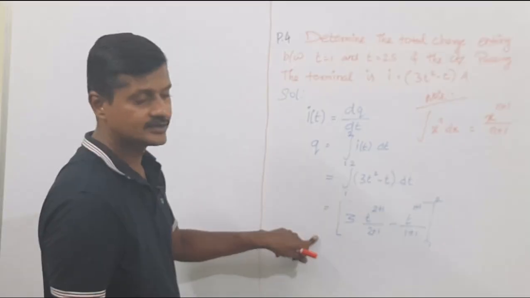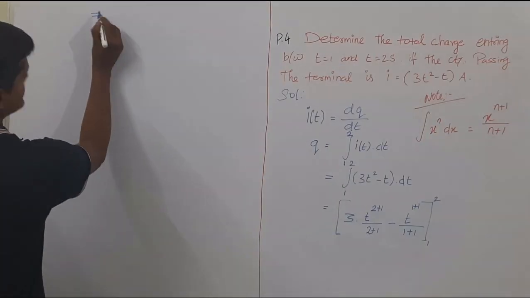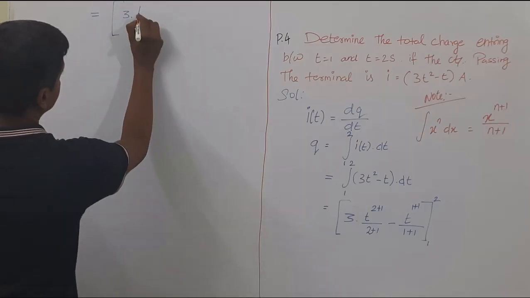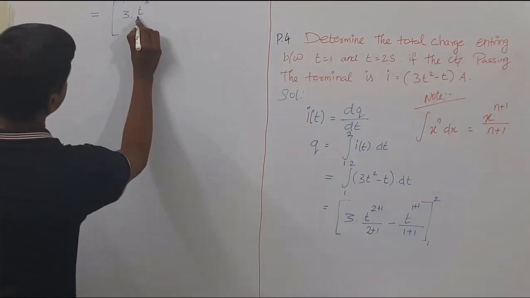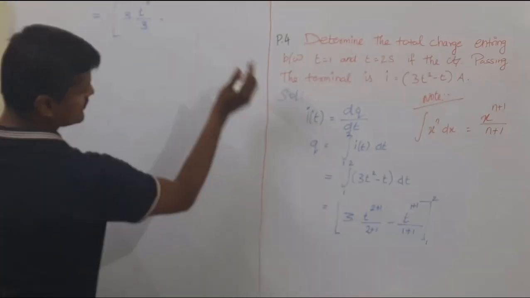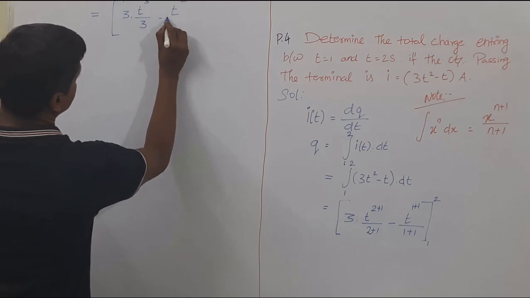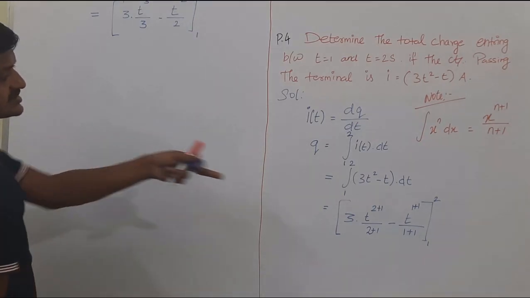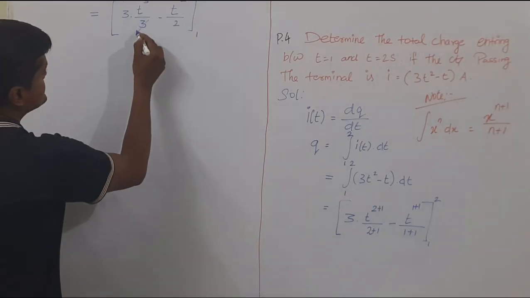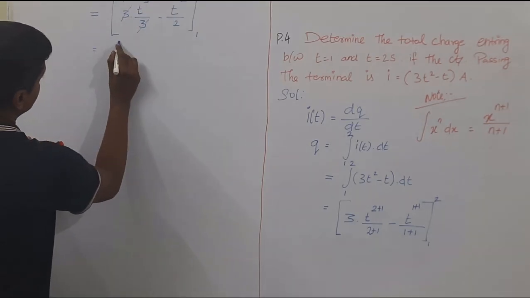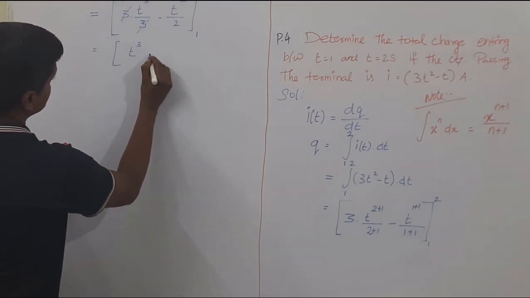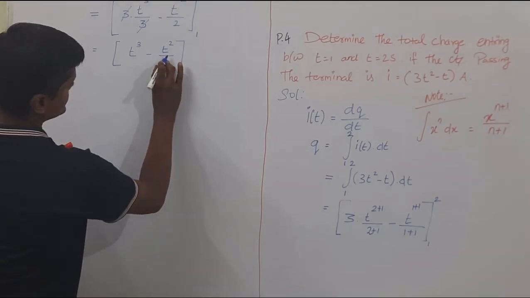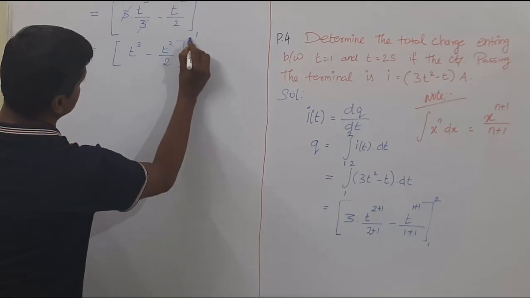So 3 into t power 3 divided by 3 minus t power 2 divided by 2, limits 1 to 2. We cancel these 3s and get t power 3 minus t power 2 divided by 2, limits 1 to 2.